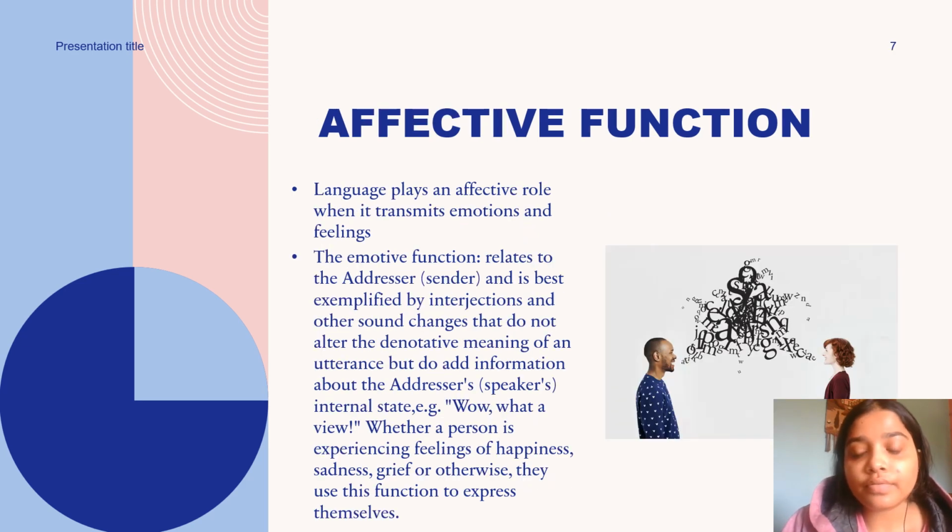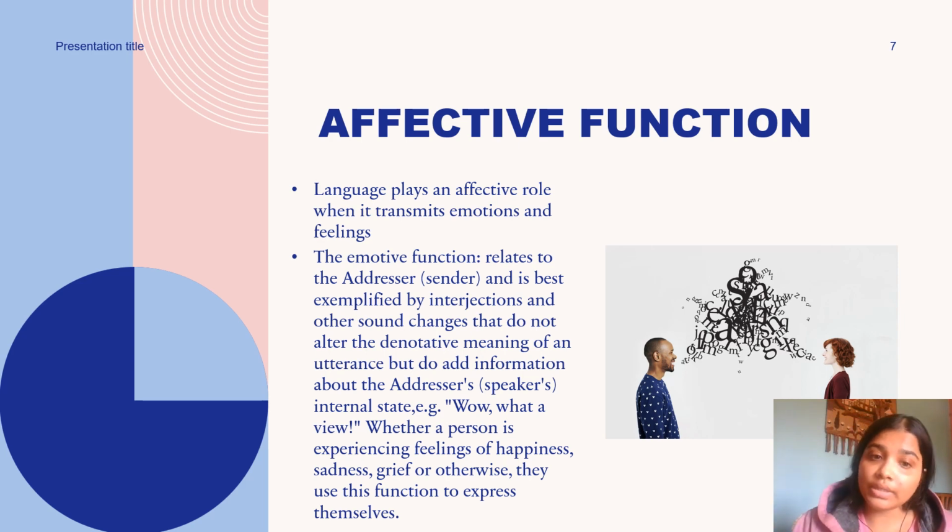Then we have the affective function. Now, language plays a very effective role when it is used in conveying emotions and feelings. For example, if the speaker is enjoying some delicious food item, then he or she will say, wow, this is very delicious.